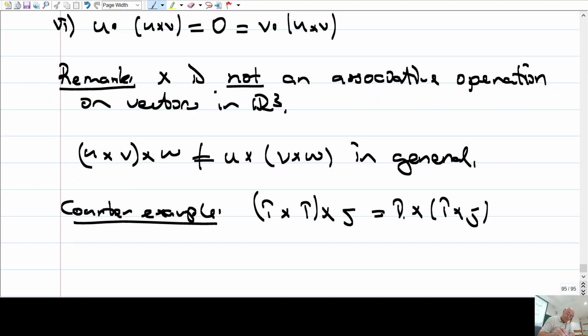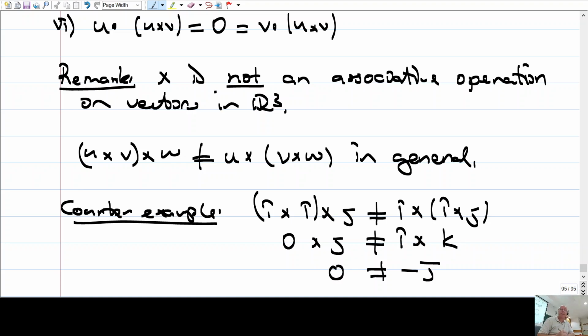i cross j cross j. This is just 0 cross j, but this is just i cross k. i cross k is minus j, but 0 cross j is of course 0.